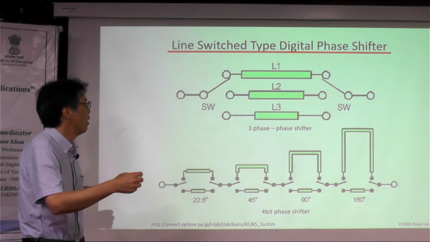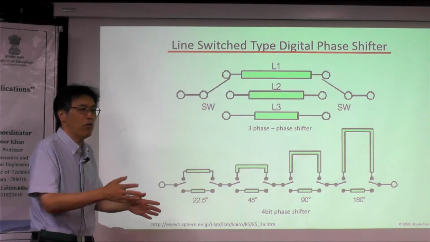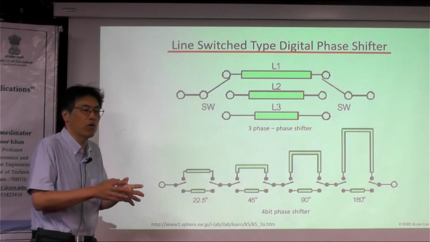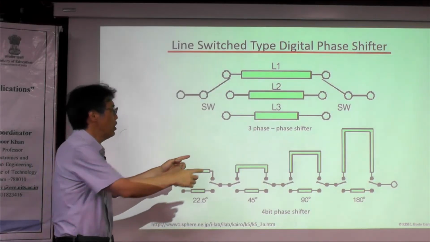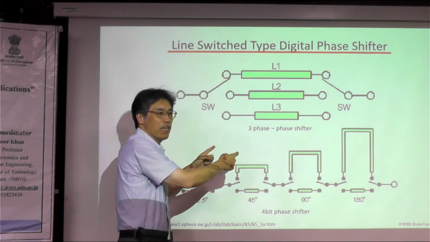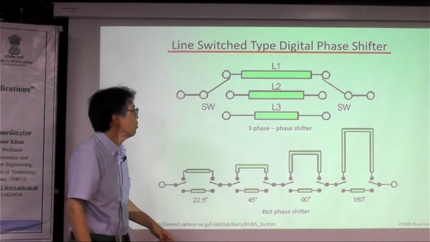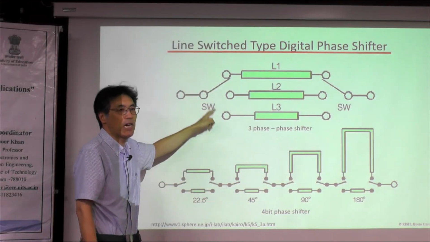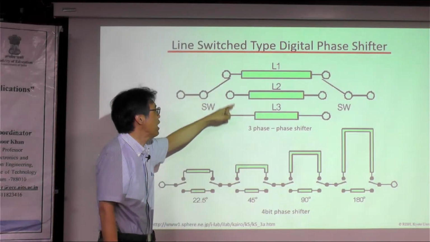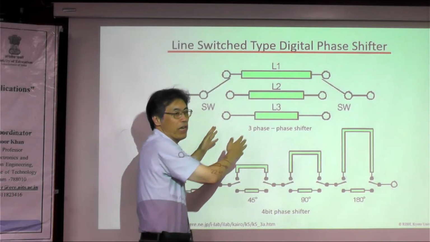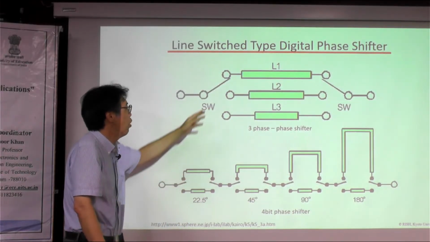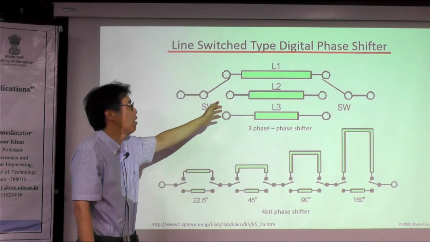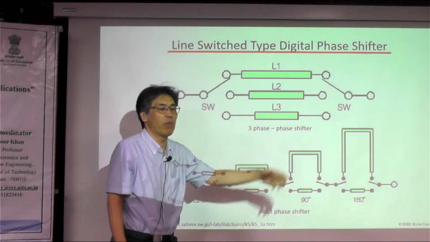It means when we control the phase of each radio wave, the easiest way to change the phase is to change the length of the propagation line. So we install the switch, sometimes a PIN diode or other, and each line has some difference in length. So when we control the length of the line, we can change the phase of the propagating wave.